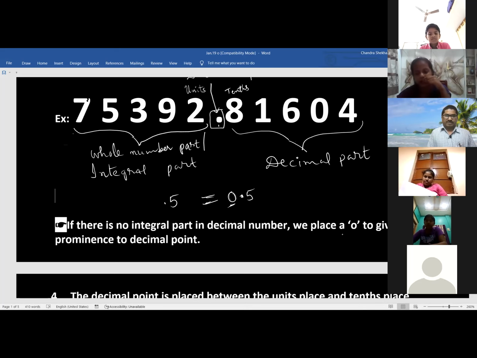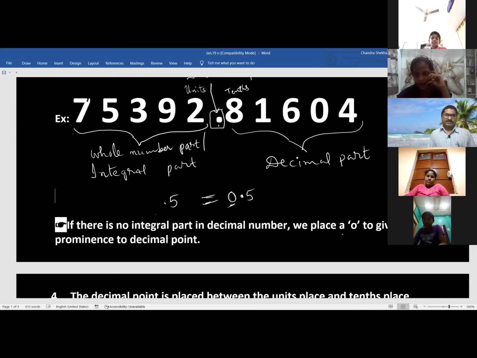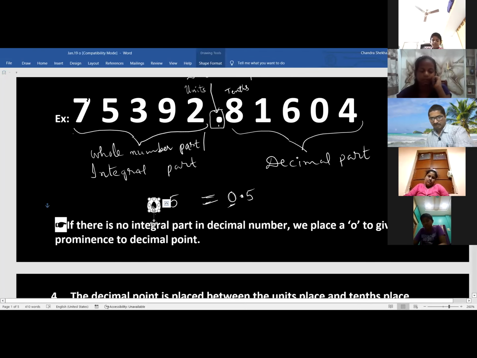What is the difference? Why should we keep this 0? To give prominence. Prominence means priority. To understand, to give clarity, just to support the decimal point. Okay, sir.